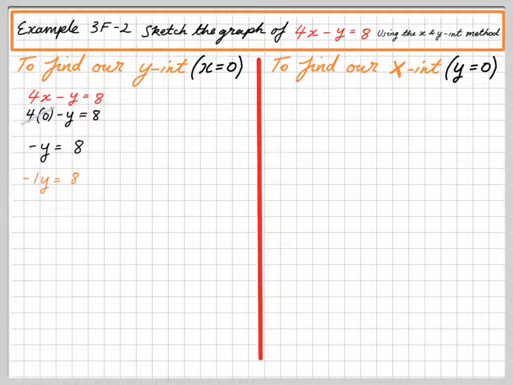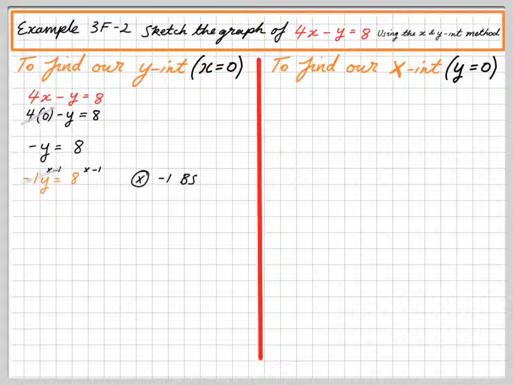So now if we were to simplify this equation, we want to try and get rid of the negative 1. So to get rid of the negative 1, we can either divide by negative 1 on both sides, or we can times by negative 1 on both sides. I'm going to multiply this by negative 1 on both sides. So I'm going to write here that we've multiplied by negative 1 on both sides.